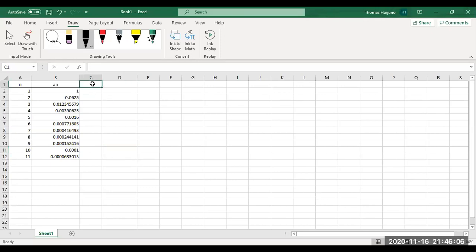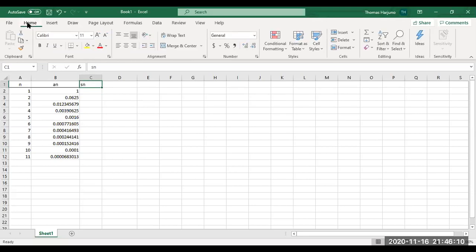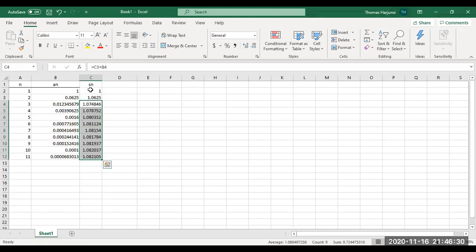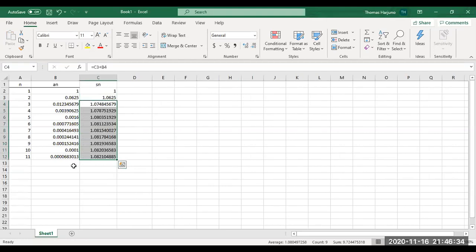And I will do the sum of n here, in which the sum here is the number above plus the term there. Okay, now let's bring this to infinity.